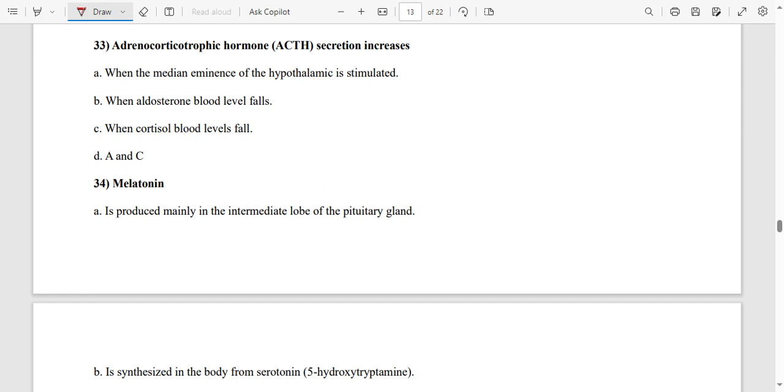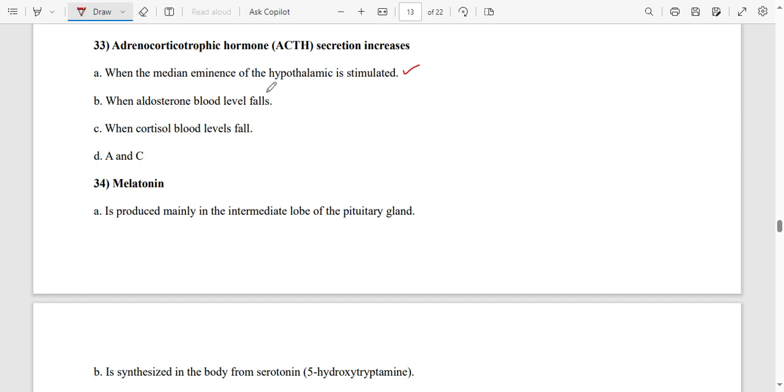So for A, when the median eminence of the hypothalamus is stimulated, this is true because the posterior pituitary, where ACTH is secreted from, is related to the hypothalamus. Now, what is the function of this same ACTH when it is produced?